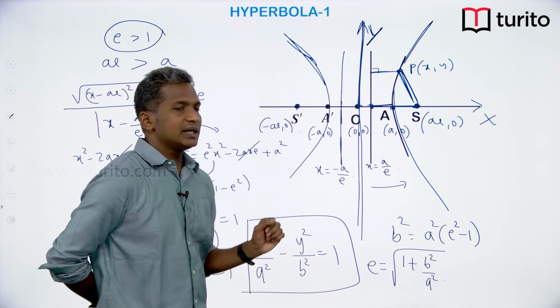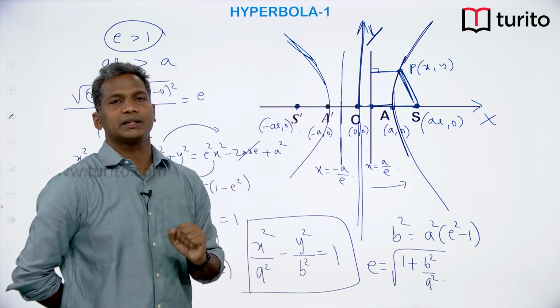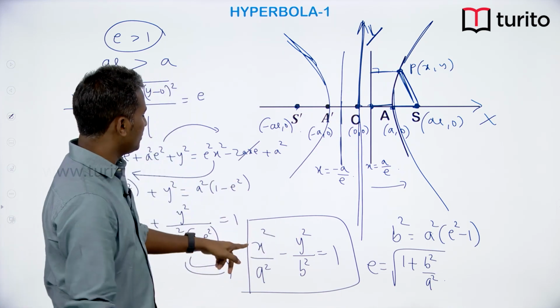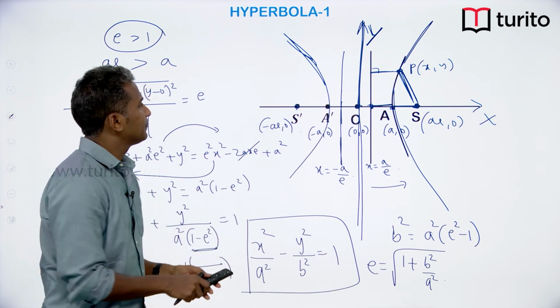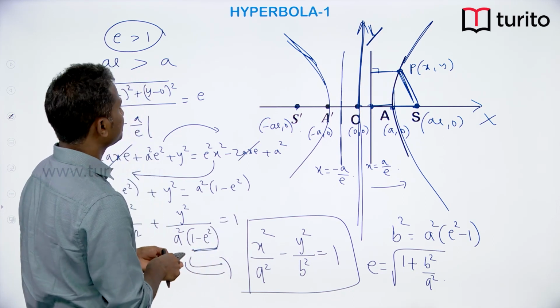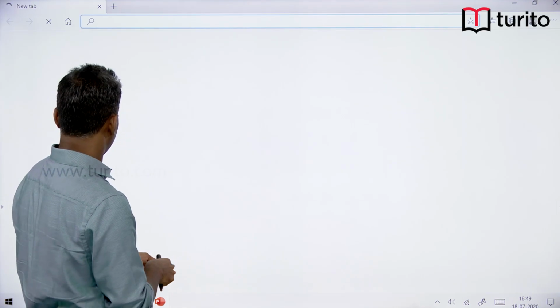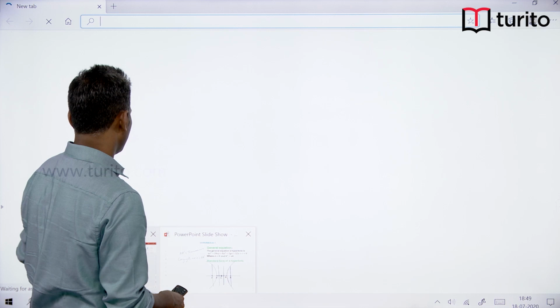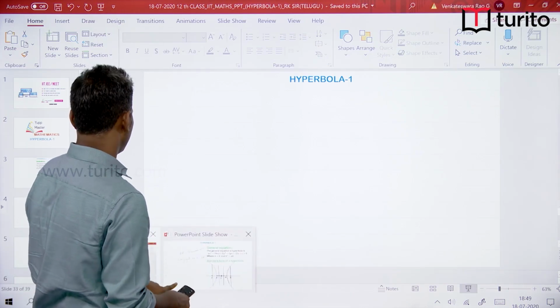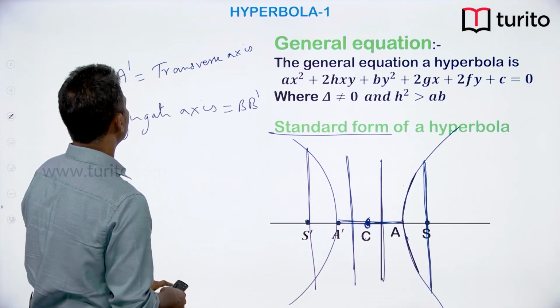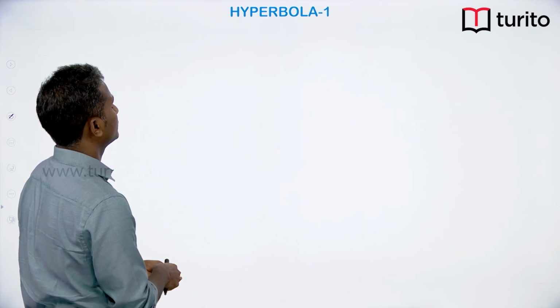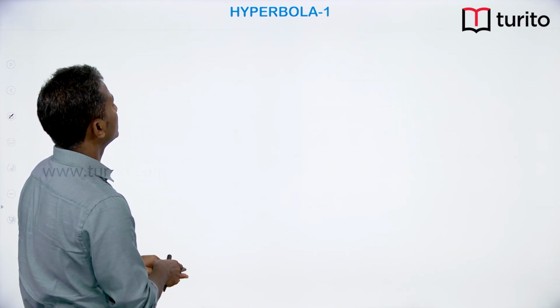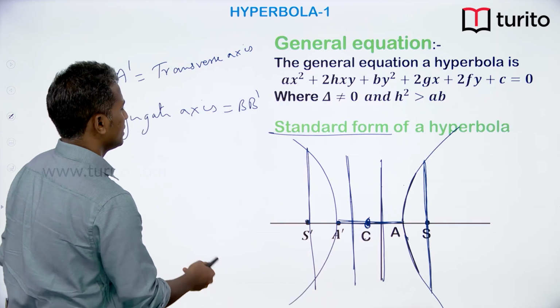Now, let us say you are interested in finding the ends of the latus rectum. So, what do we do? In place of x, we will put AE. Let me just explain it here.